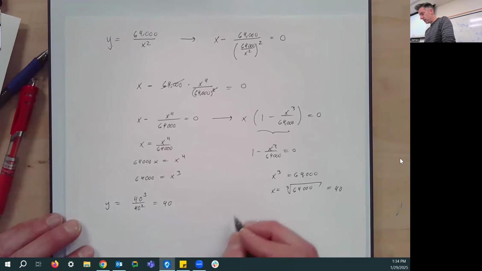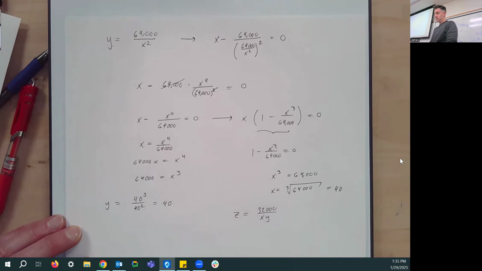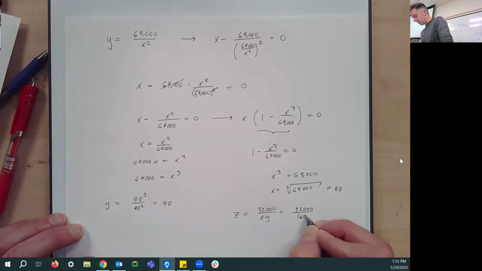I'll remind you that z was equal to 32,000 divided by x times y. So that's going to be 32,000 divided by 1,600, which is going to be 20.